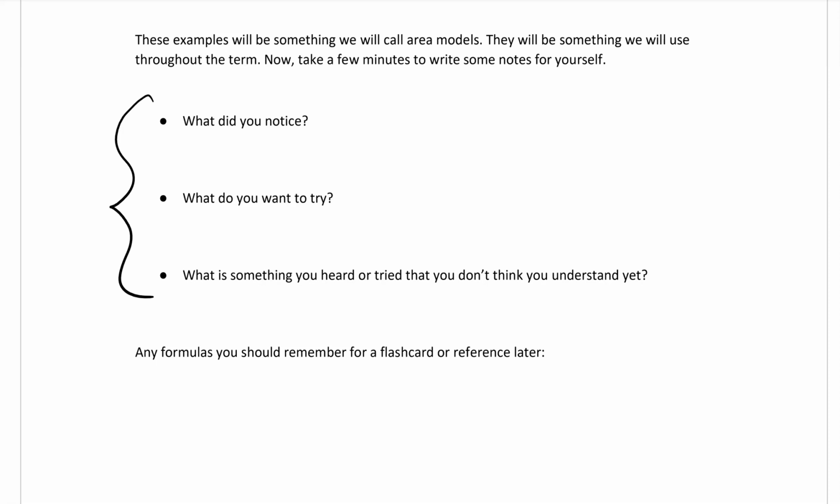And 2 formulas that we want for a rectangle is the perimeter of a rectangle and the area of a rectangle. So the perimeter is equal to 2 times the length plus 2 times the width, and the area of a rectangle is equal to the length times the width. So those are 2 important formulas that you should have down.